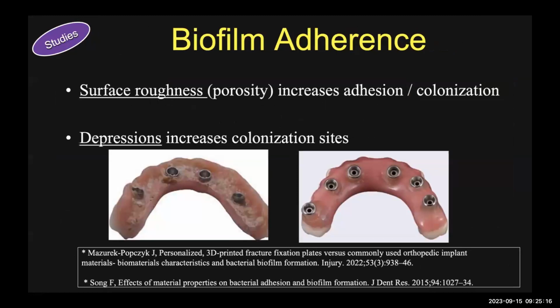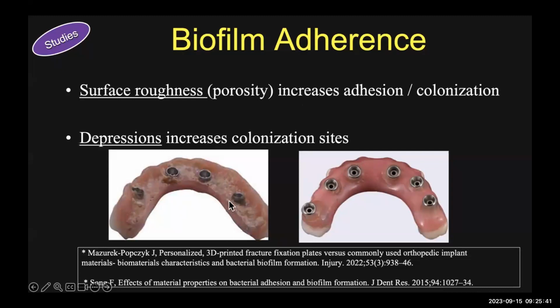So how do prostheses actually increase the chances of this? If we look at the design, first of all, porosity. As we know, porosity will increase adhesion and colonization of any type of bacteria. Then we throw in depressions where the bacteria can hide, where the patient can't get in and clean.